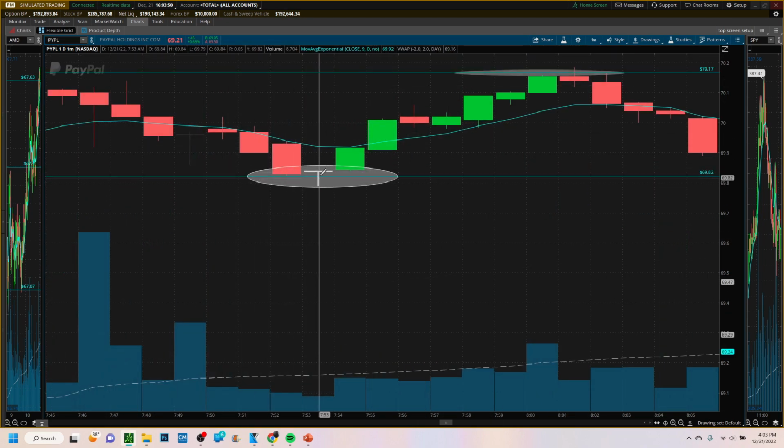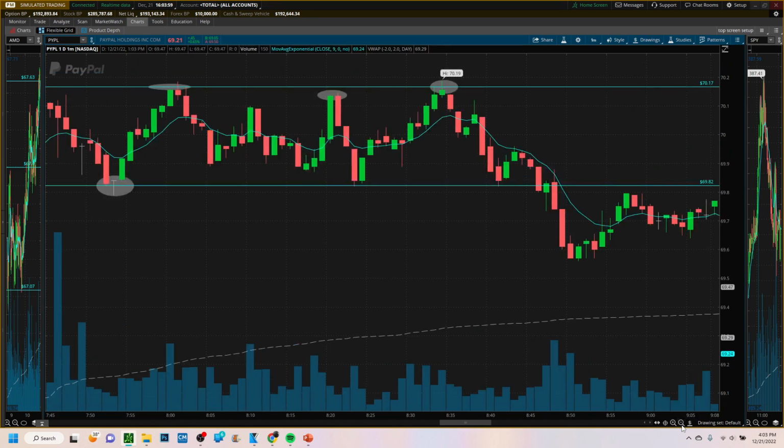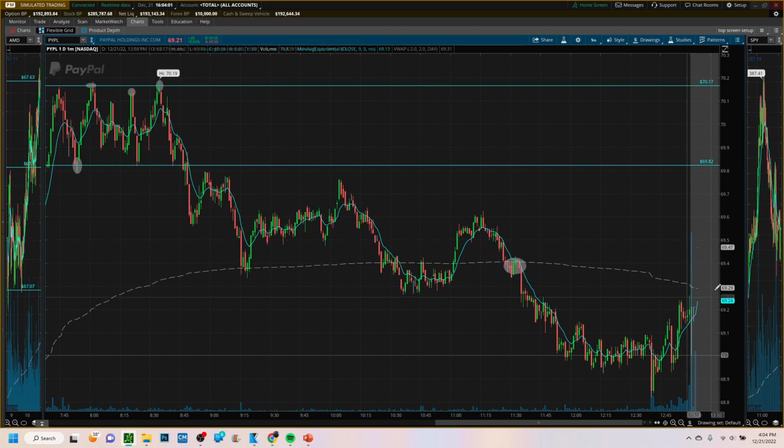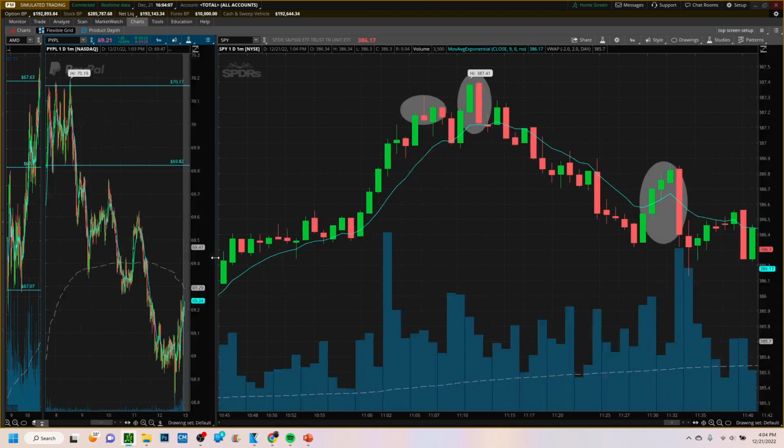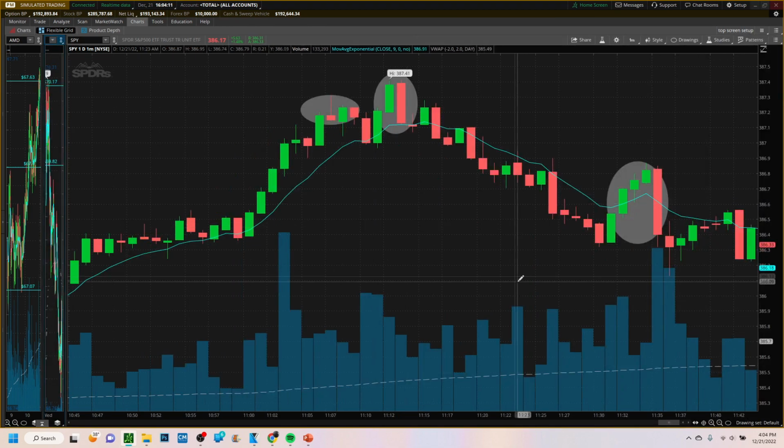It completely rejected that level and then popped right back up. That's our morning star right there. So that's exactly what you want to do. It's pretty simple once you get the hang of it, once you get familiar with the different patterns and how they work, and then you look at the other indicators together to identify that.